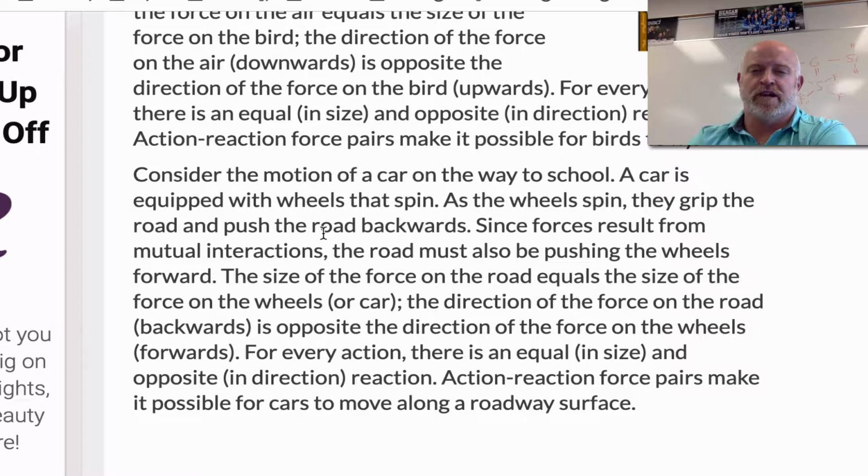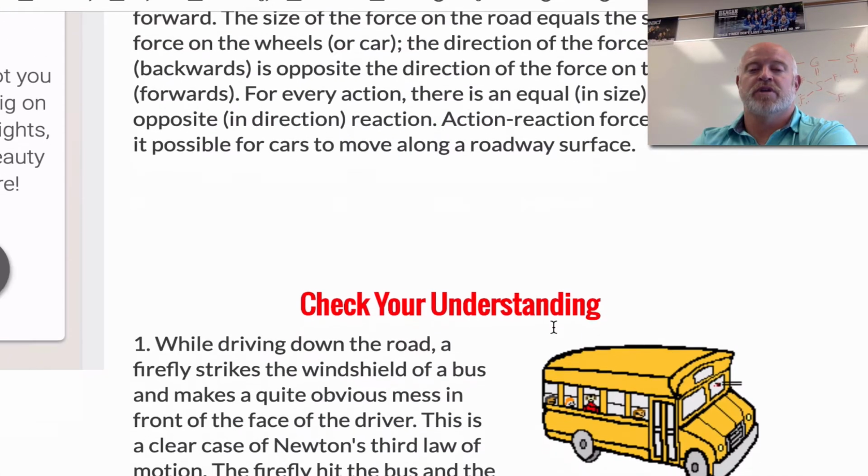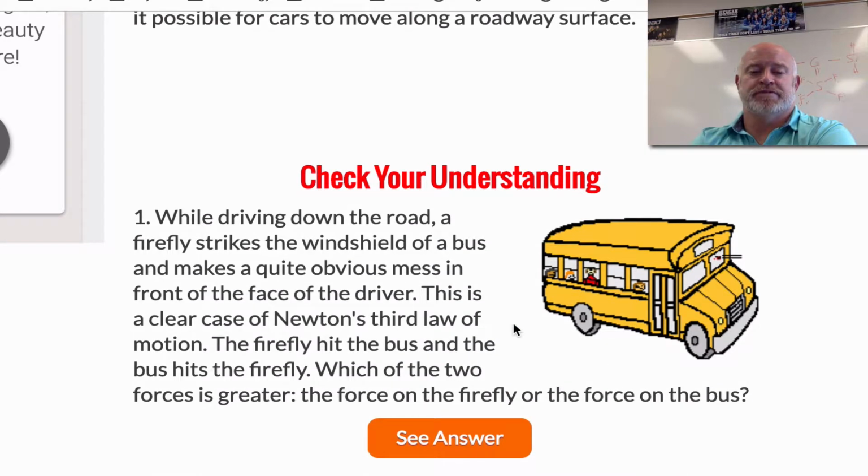It's a weird concept, but it's valid. Since the car is pushing the road backwards, the road grips and pushes the car forwards. So the wheels of your car are designed to push the road backwards, causing the car to move forward. Those are some action-reaction pairs.